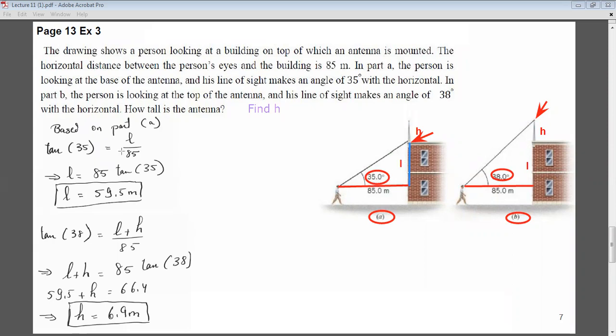So what do I use? I use tangent again. So tangent 35 is L over 85. I will get L to be 59.5. Now the question is not to find L, it's to find H.